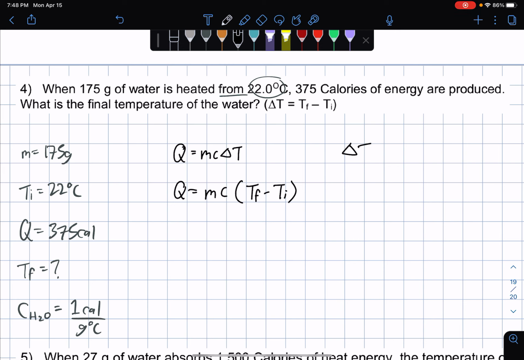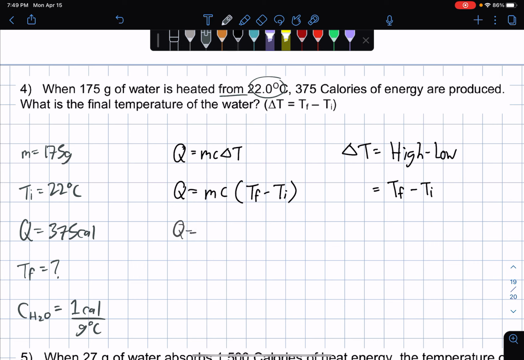Earlier, our formula for the change in temperature is high minus low, so it's safe to say that Tf is higher. So Tf minus Ti, that's our way to go, and we articulate the formula such that we're looking for Tf.